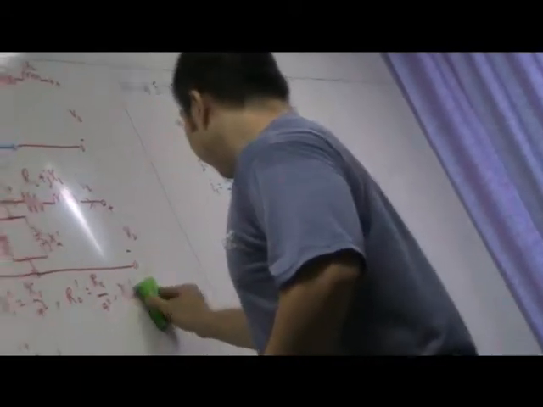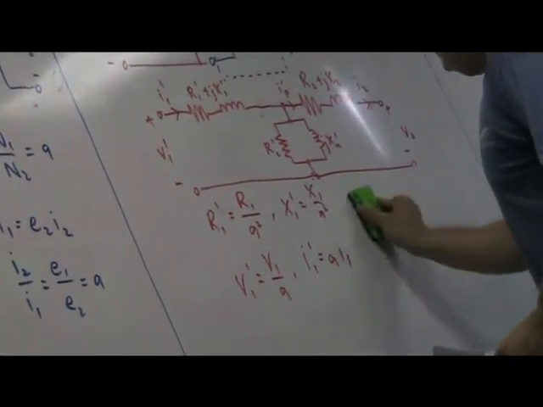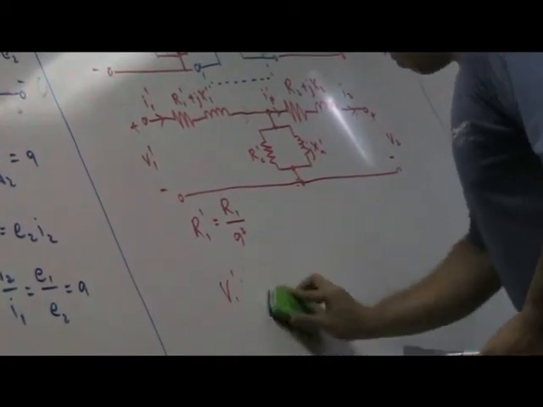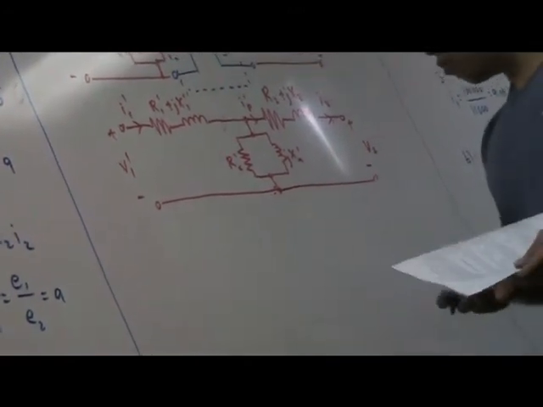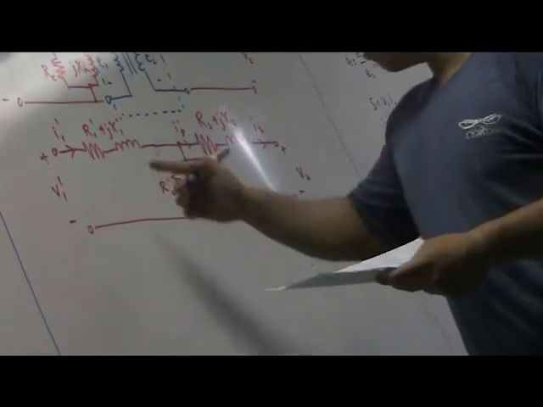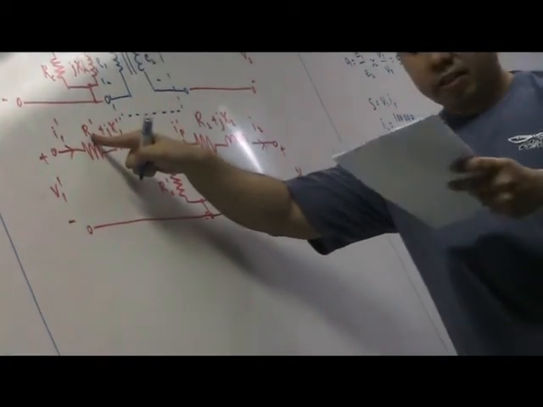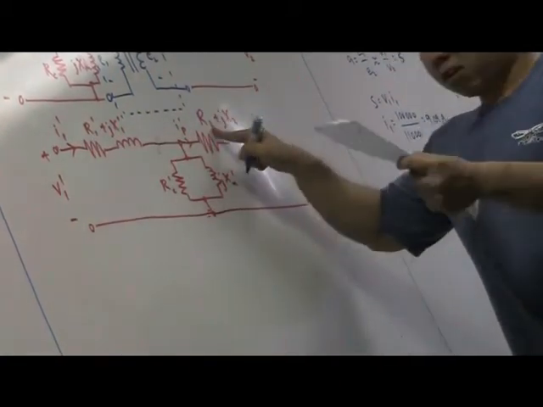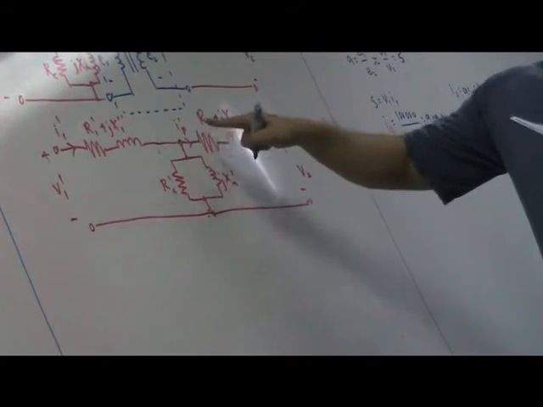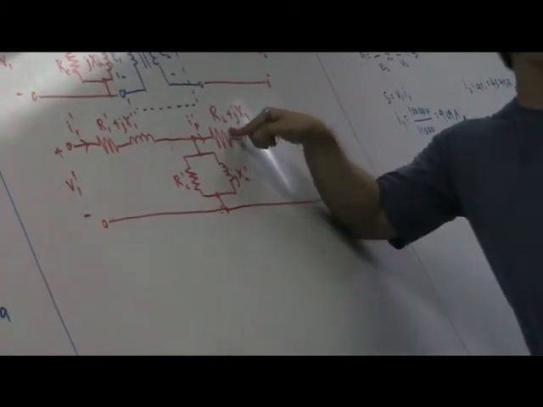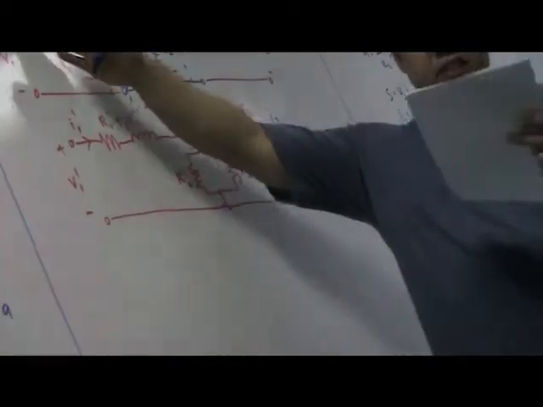I'll just do it here. So we'll do R2 first. On my diagram, R1 is their RHV, R2 is RLV. So all the 1s on my diagram is the HV for them, for the question, and the 2 is the LV. 1 is the primary side, which is the high voltage side.